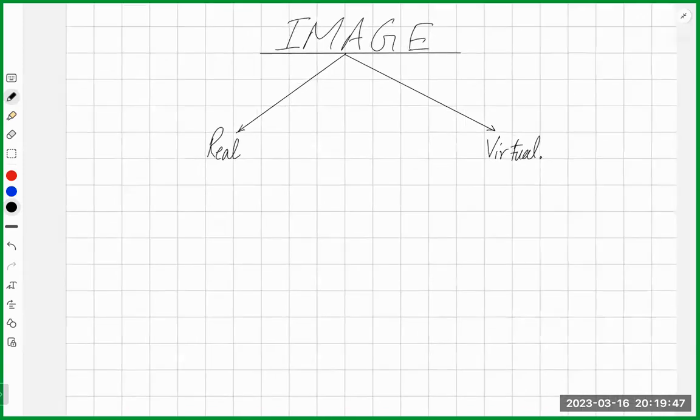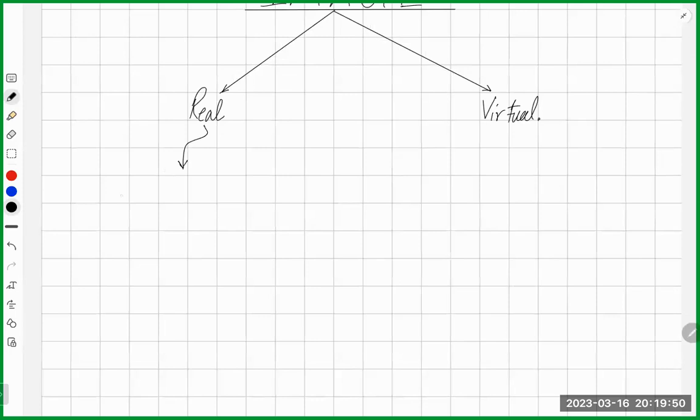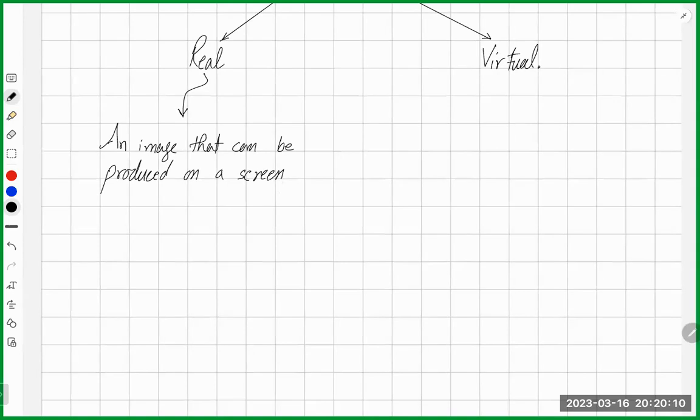What is meant by real image? An image that can be produced on a screen, it is the same for any point of view.